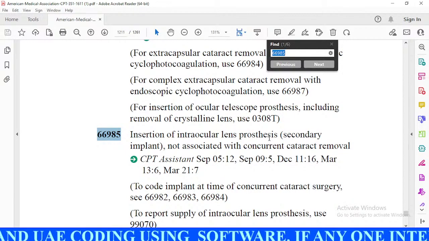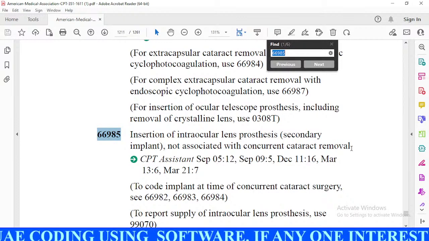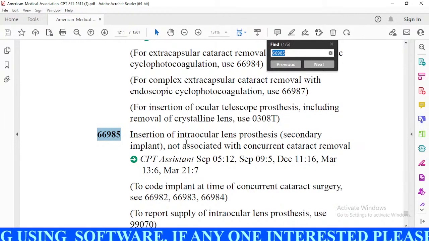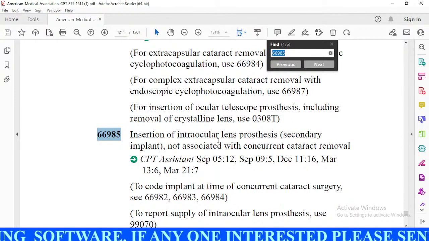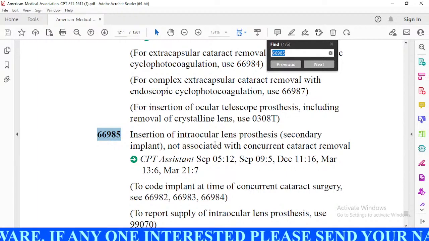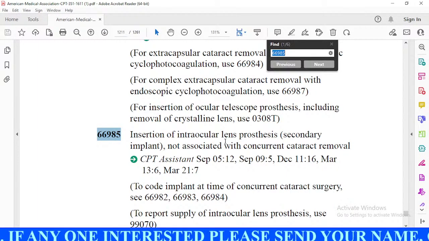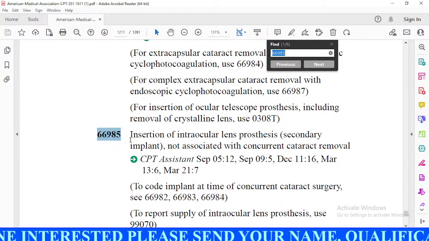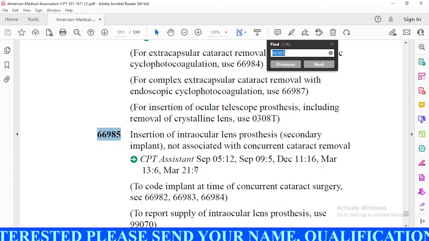Insertion of intraocular lens process not associated with concurrent cataract removal. So 66985 is for only insertion of intraocular lens, but in our procedure the cataract is also removed and the lens inserted. So 66985 is wrong. So we will check 66984.